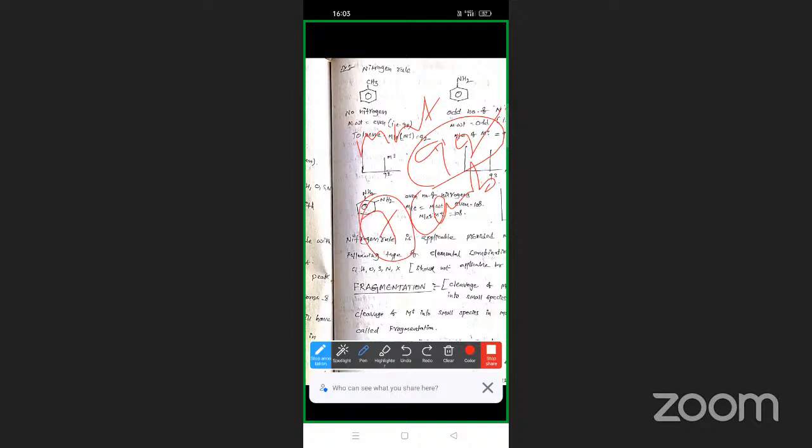Apply the nitrogen rule to this compound and find out the number of nitrogens. They will ask a problem like this.